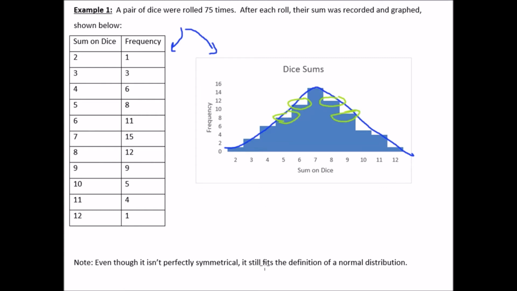It still fits the definition of a normal distribution. It's highest in the middle, which we can see right here, around the 7, and then it gets smaller and smaller toward the edges, and it's approximately symmetrical.